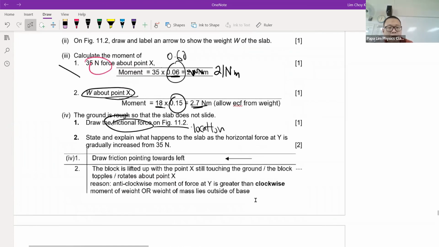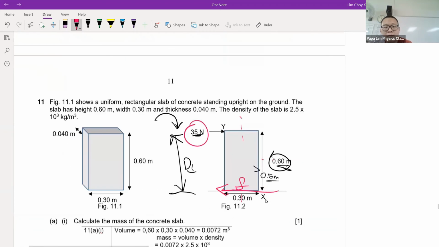Then after that, explain what happened to the slab as the horizontal force Y is gradually increased from 35 Newton. The horizontal force Y is increasing.